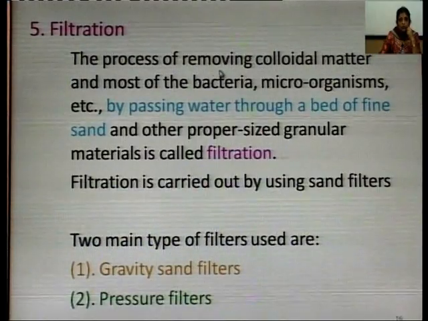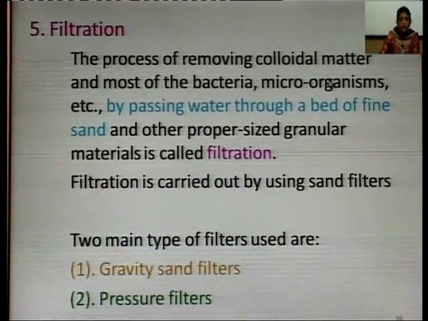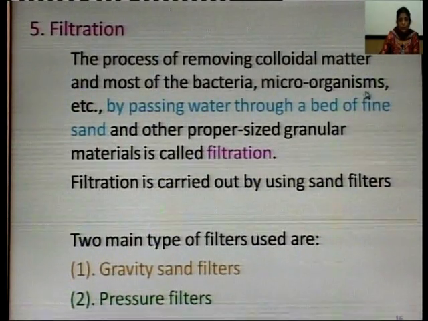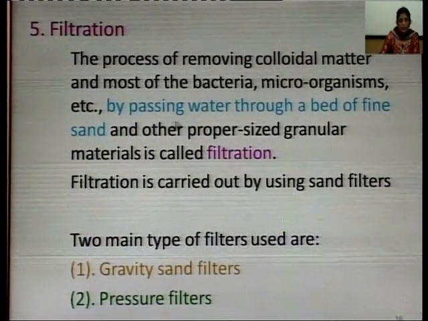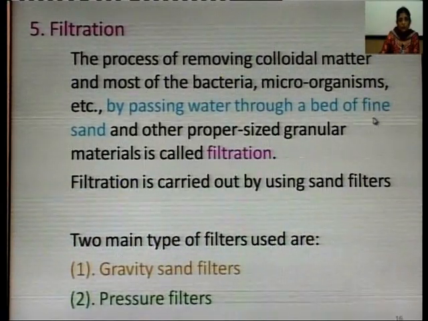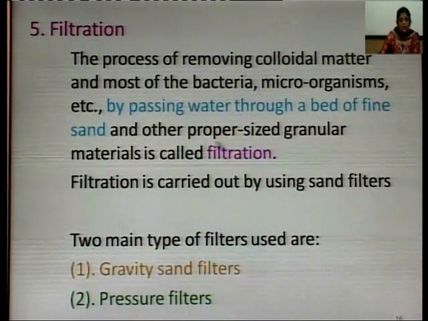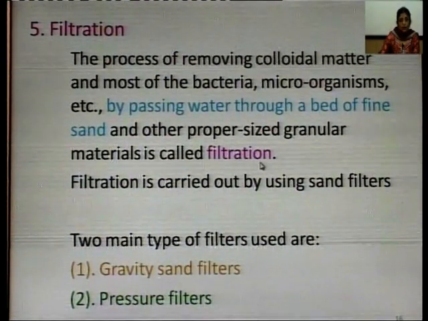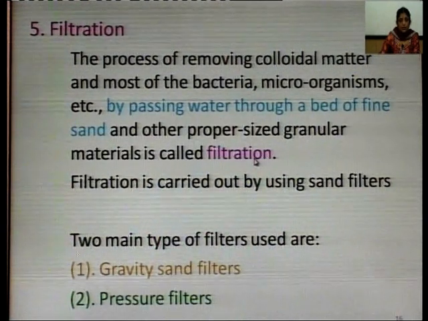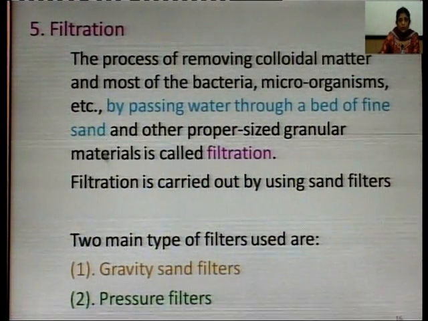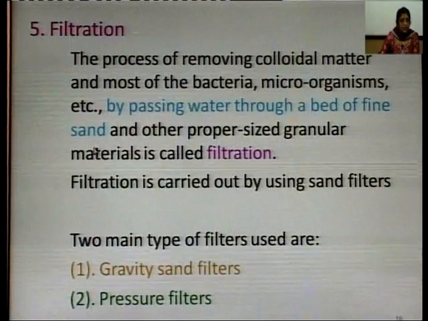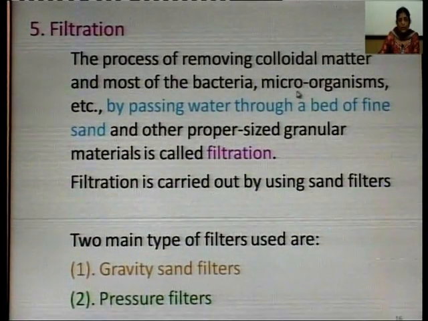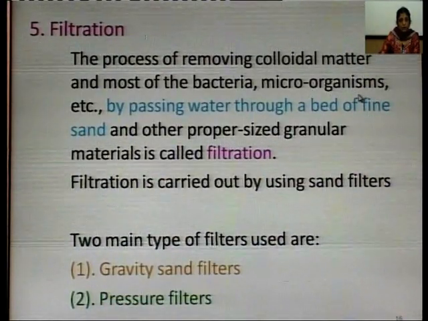The process of removing colloidal matter and most of the bacteria, microorganisms, etc., by passing water through a bed of fine sand and other proper sized granular materials is called filtration. So, it removes colloidal matter, bacteria and also microorganisms.